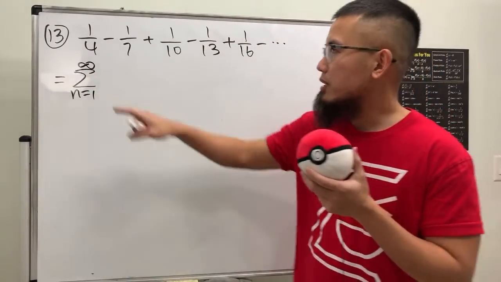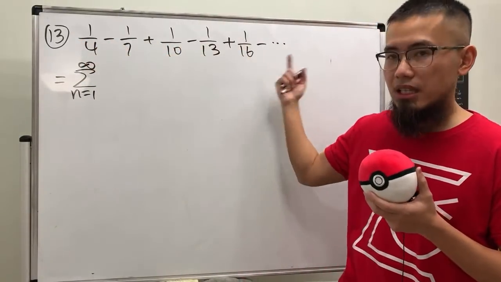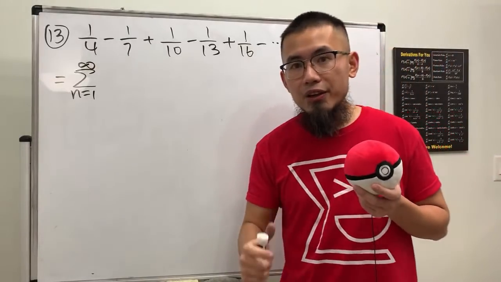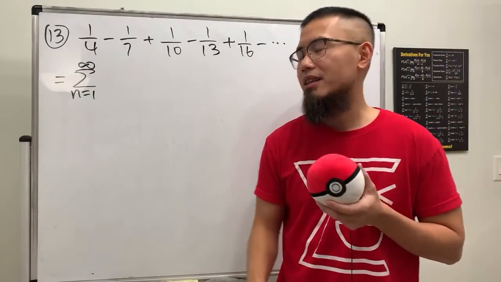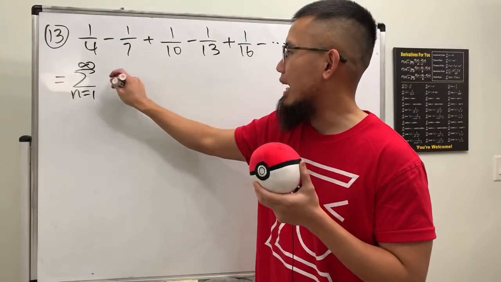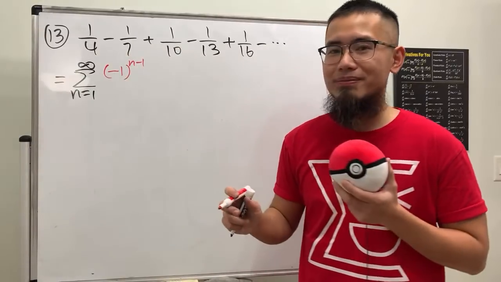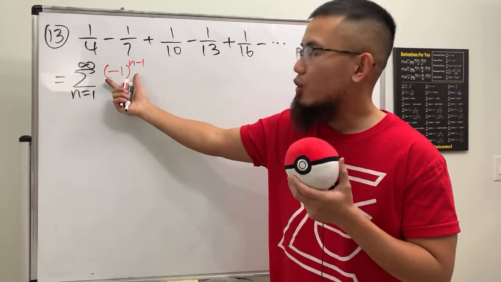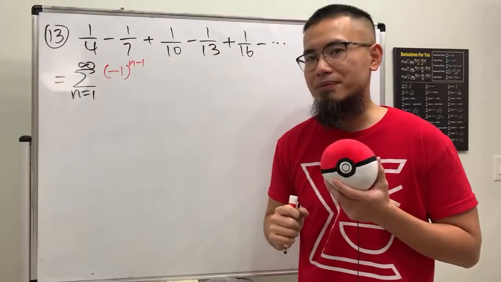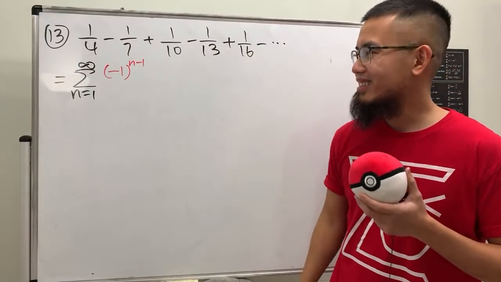First thing, notice we have positive, negative, positive, negative, positive, negative, and so on. Therefore, this right here is alternating. And because the first term is positive, that means we actually have to have negative 1 raised to the n minus 1 power. This factor will make the first term positive, right? And then it will make the rest of the terms alternating.